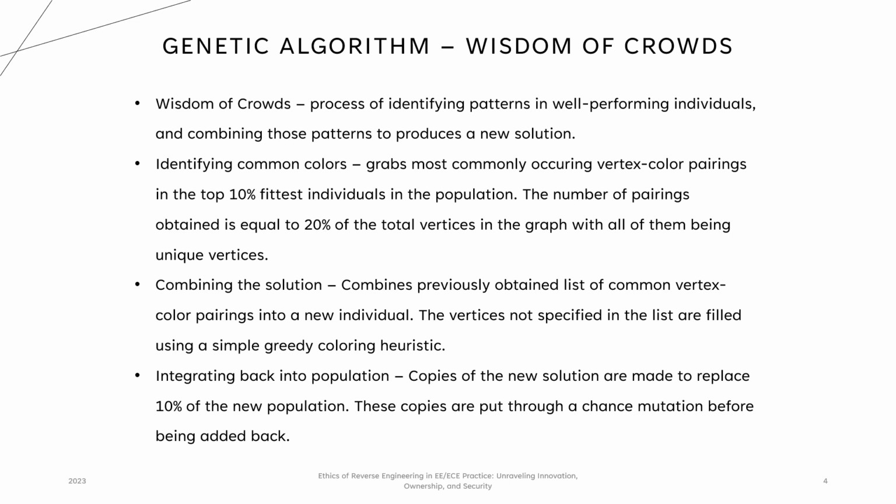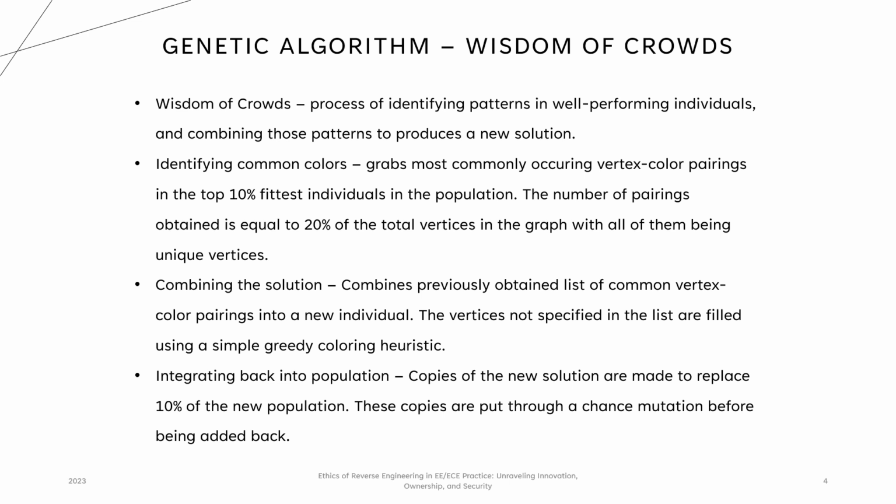And by vertex color pairings, I mean, say vertex 7 is colored red in every one of those individuals. It would be picked as one of those common vertex color pairings, vertex 7 colored red. So the number of pairings obtained is equal to 20% of the total vertices in the graph. And all of these vertices have to be unique. We don't want any redundant vertices.